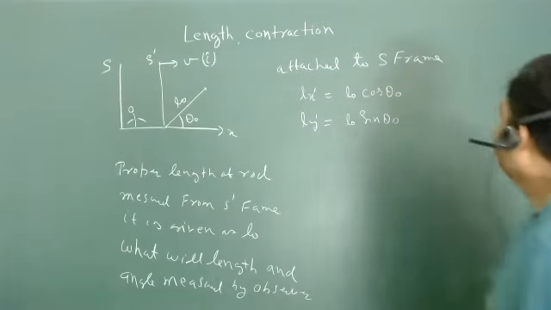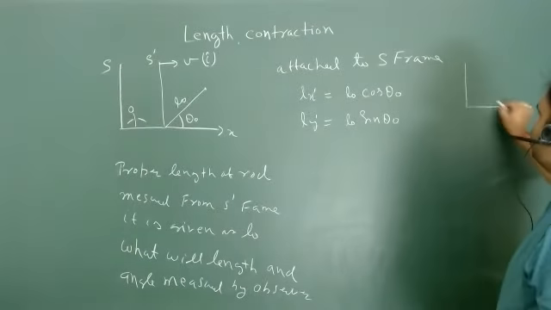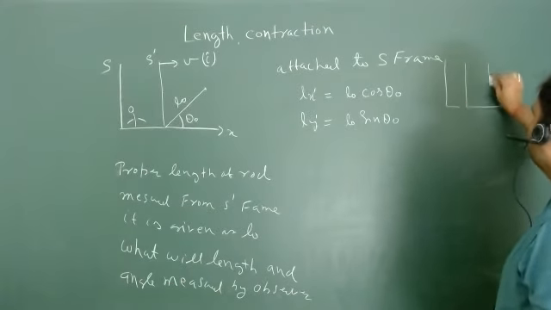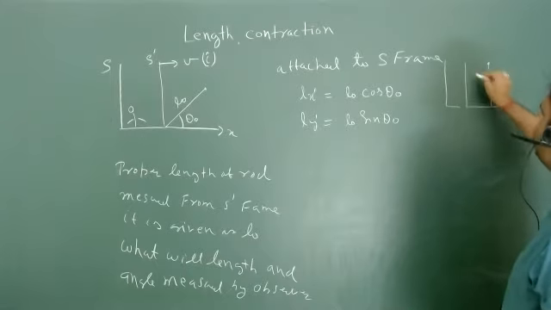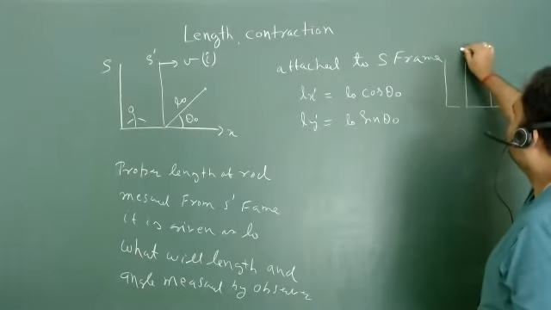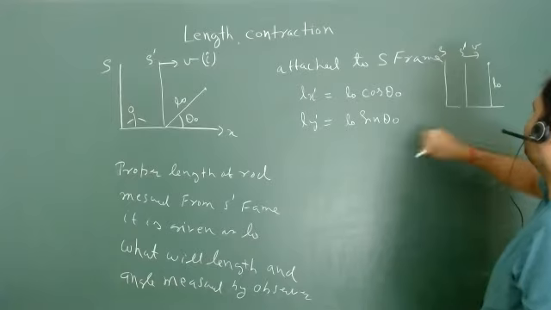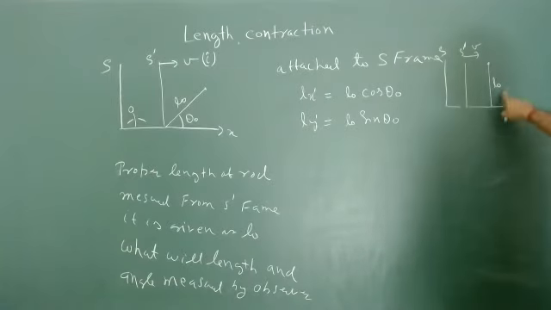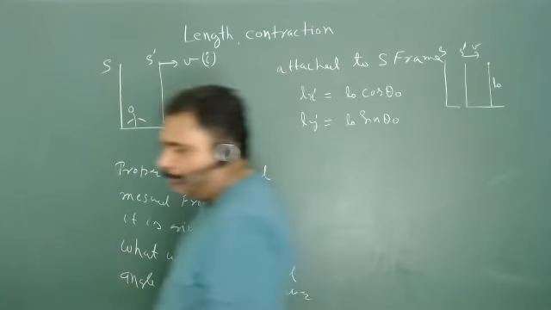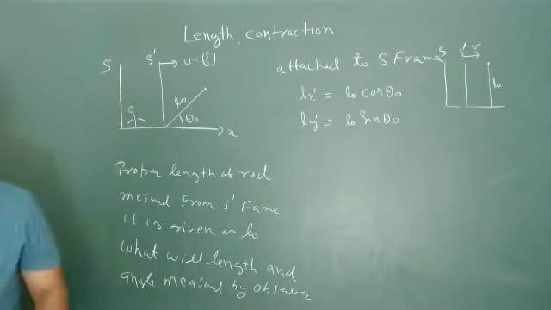Now look here. Suppose the length of the rod is something like this. If this is proper length and velocity is in this direction, this is S dash frame, this is S, then what will be the length of the rod measured from S frame? This is proper length and this is perpendicular to the direction of motion. Is that contracted or does it remain same? It will remain same. Why?